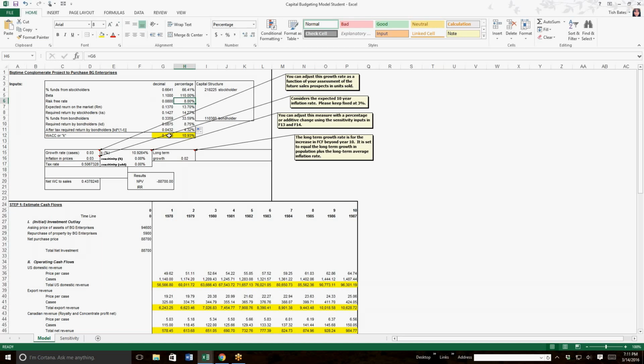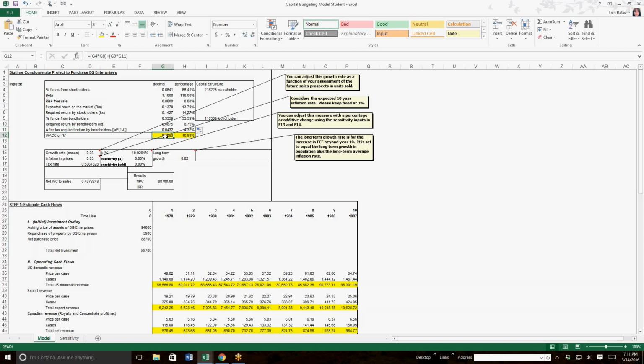Got it. Okay. And then this one, the weighted average cost of capital, or K, is a formula that basically takes the percent from stockholders, so this one, times the required rate of return by stockholders, plus the percent funds from bondholders times the after-tax required rate of return by bondholders, and adds those two together.